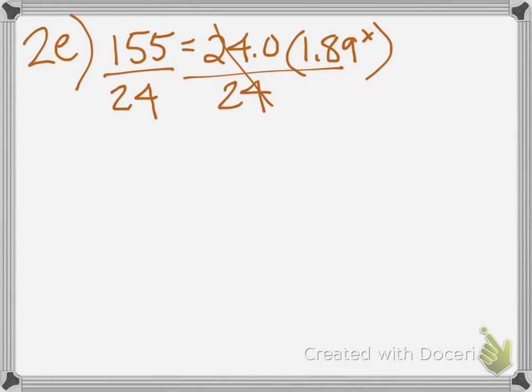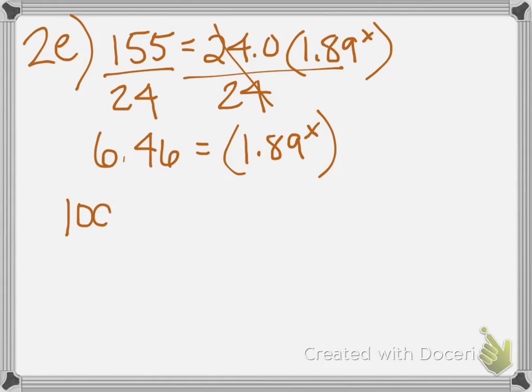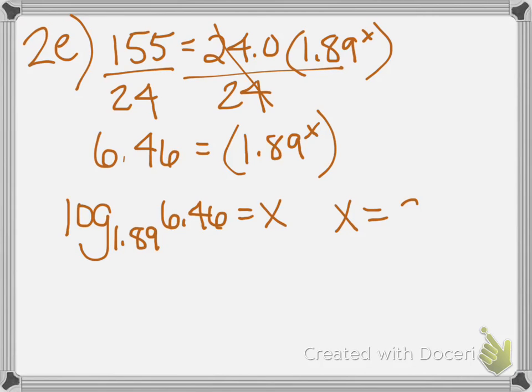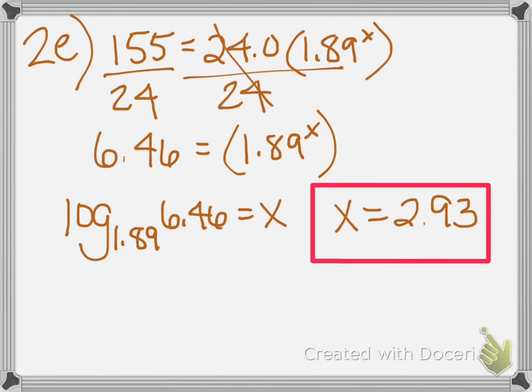And we get 6.46 equals 1.89 to the x. And logarithm, so log base 1.89 of 6.46 equals x. So x equals 2.93. That's 2e. And finally 2f.